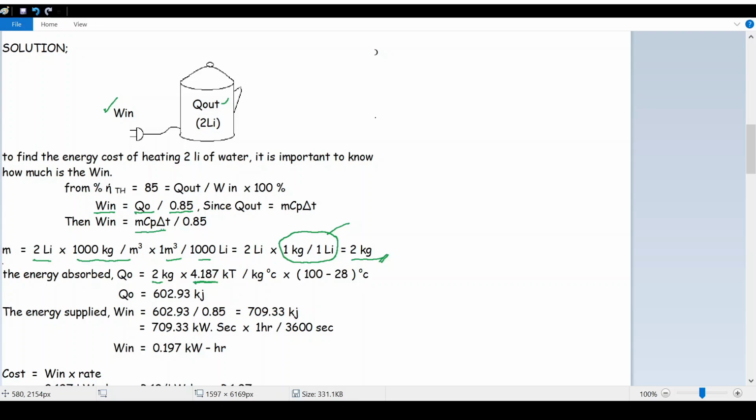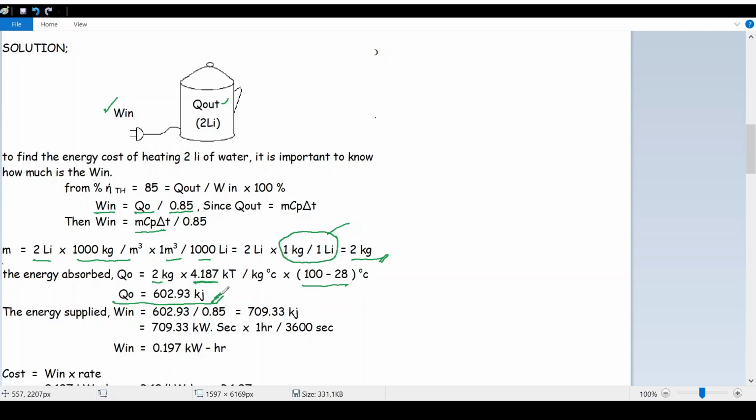So the temperature change, the delta T, is 100 minus 28 degrees. Multiplying these values, the heat absorbed of water is 602.93 kilojoules.